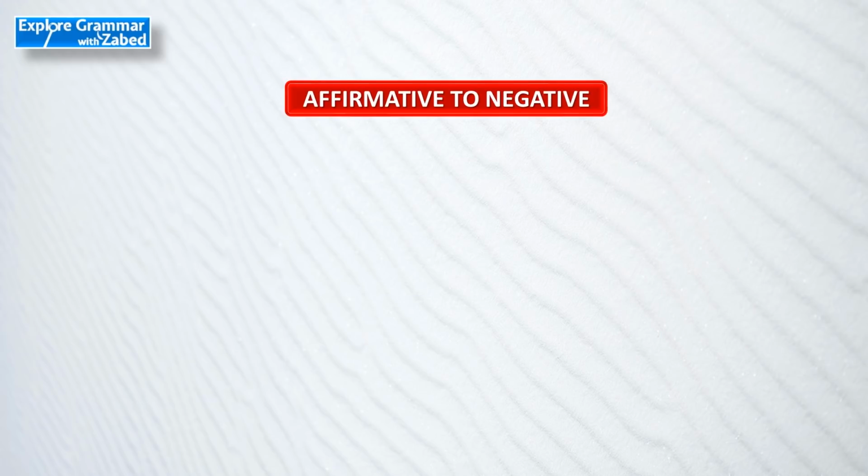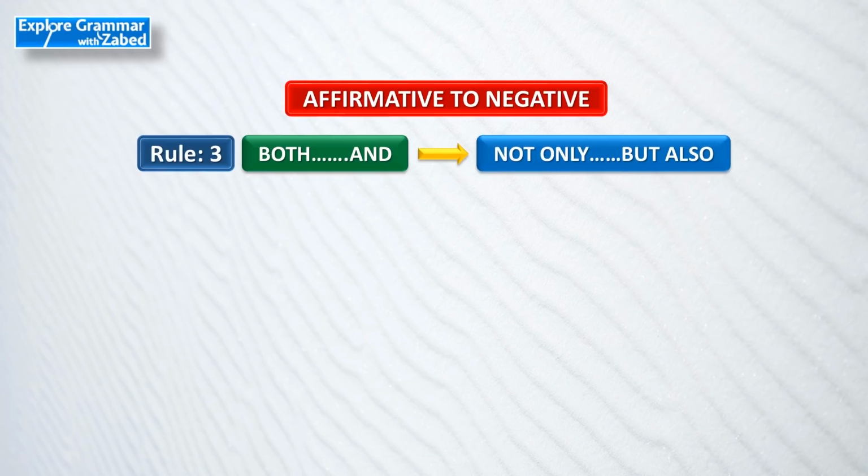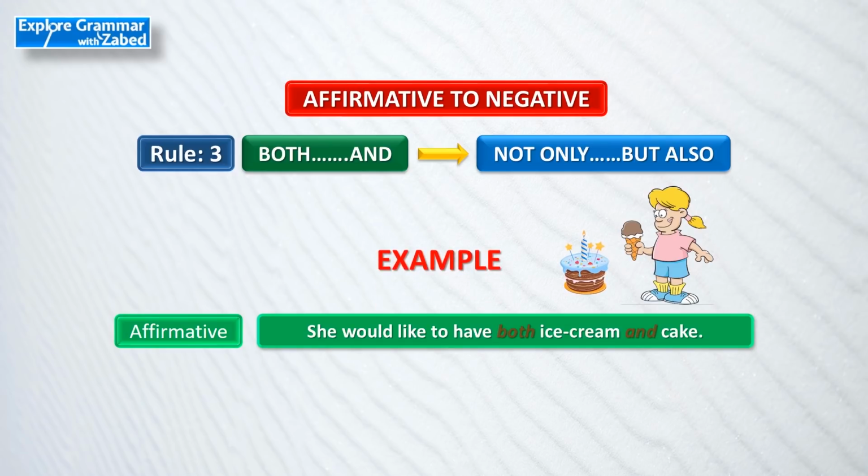The following rule states both and in affirmative sentence is replaced by not only but also in negative sentence. Let us follow this with the help of an example. She would like to have both ice cream and cake.